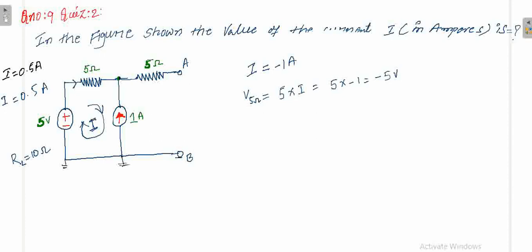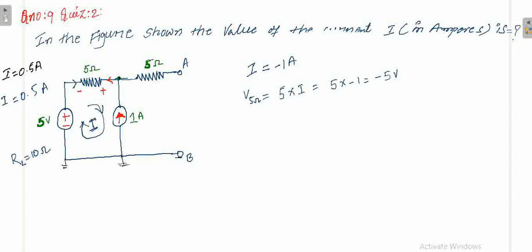It means that we thought the current was flowing like this. But according to the value we got, I equal to minus 1 ampere, the actual current direction is this. So your polarities for the voltage change: this is your plus and this is your minus.